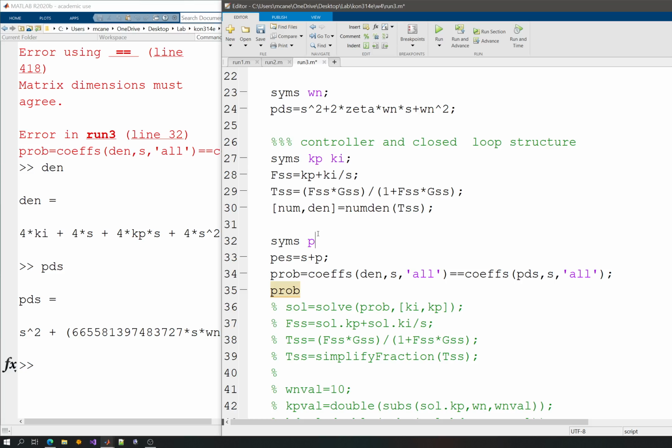So maybe defining this as a symbol P, which represents the pole that should be far away from the dominant pole pair, and then I have to multiply this. So this is the basic idea. If I had a second order system that I was able to design, it would have worked because I would have had the same amount of coefficients on both sides.